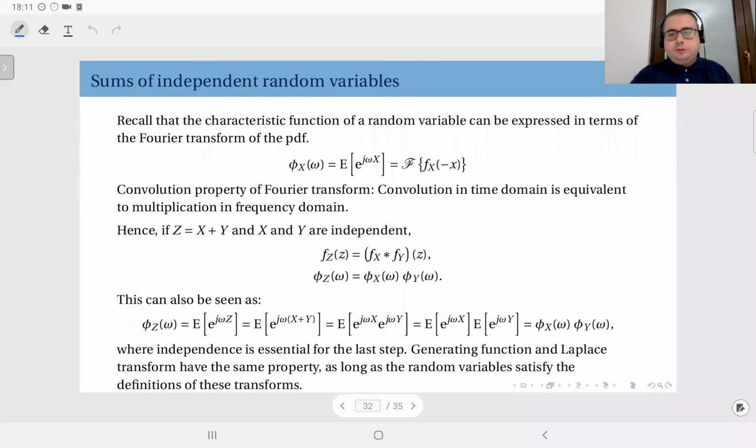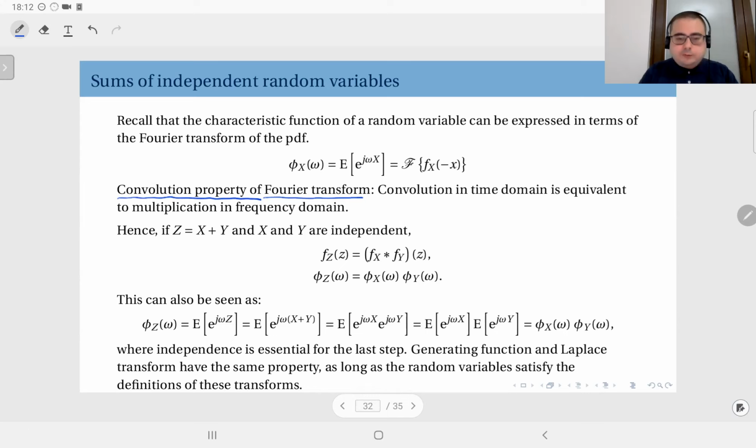Expressing the distribution of the sum of two independent random variables in the convolution form is important because you see the convolution in the frequency domain, or the omega domain, or the S domain, or the Z domain, all domains which we have discussed when we discussed transform functions like characteristic function, generating function, Laplace transform, etc., has a special property which we call the convolution property.